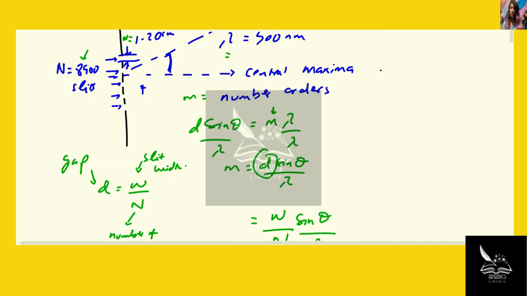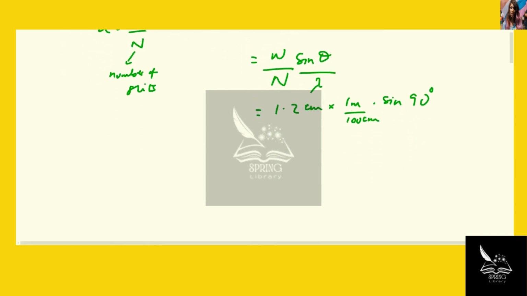So if this angle goes all the way up until 90, so theta being 90, we're interested in the orders, but not just any orders, but the maximum order. That's what we're dealing with. So then we divide by n, which is 8,900, and lambda is 500 nanometers.